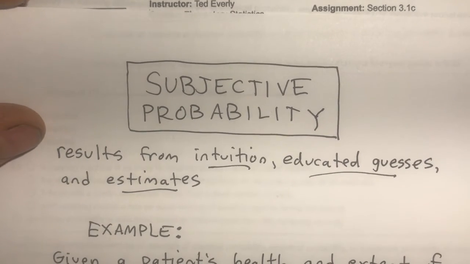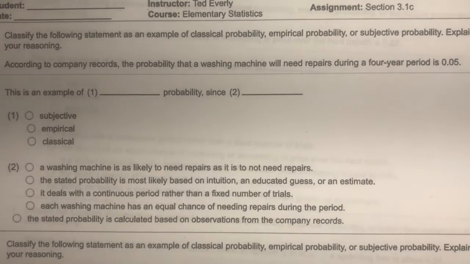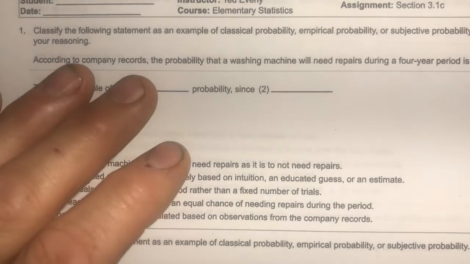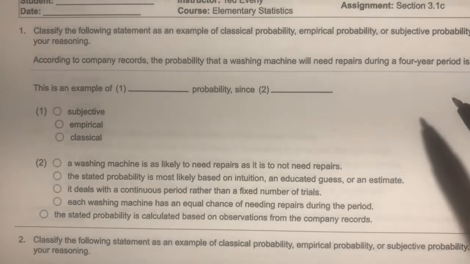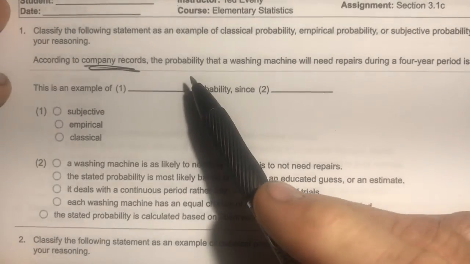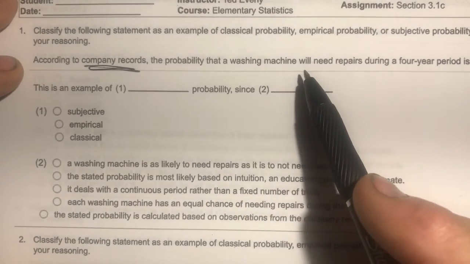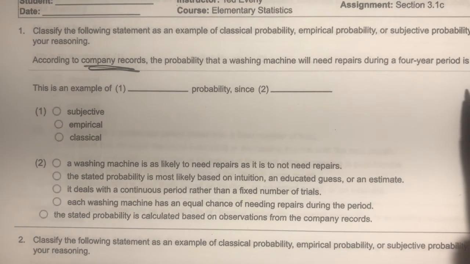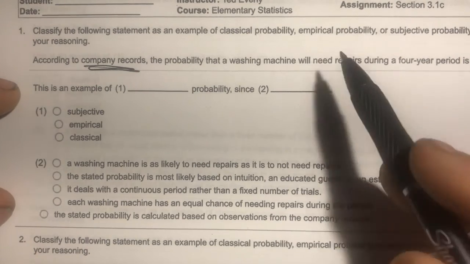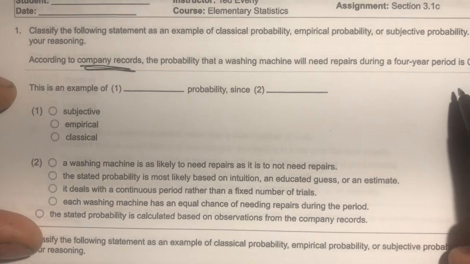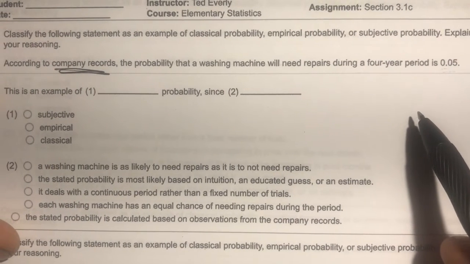All right. Well, hey, let's look at some questions here and see if we can figure out what they are. We're going to figure out in this instance which probability we are looking at. So according to company records, the probability that a washing machine will need repairs during a 4-year period is 0.05. Based on the company records, this is what they're saying is going to happen.